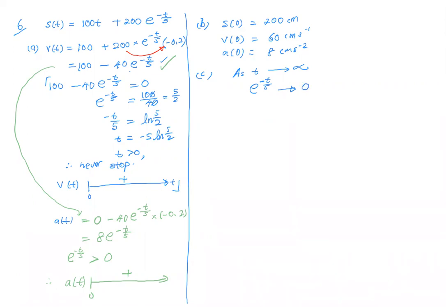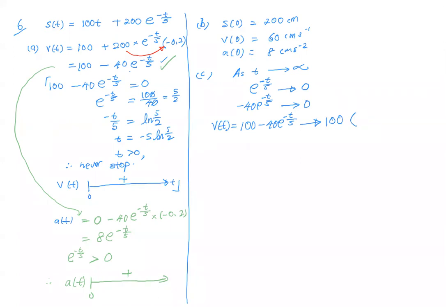So what happened to negative 40 e to the power of negative t over 5? Approaches 0. So what happened to your v(t), which is 100 minus 0? Approaches 100. From below or from above?